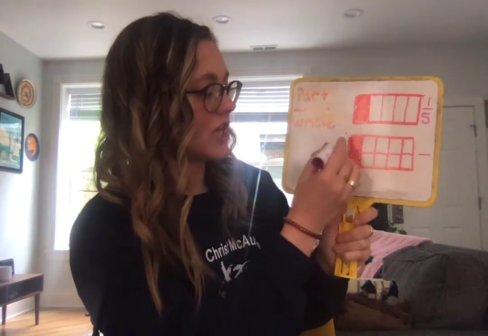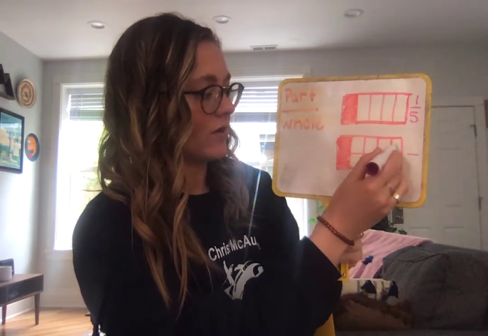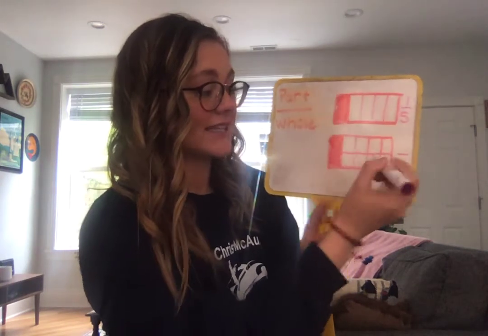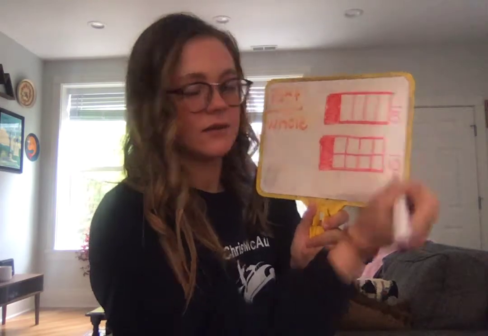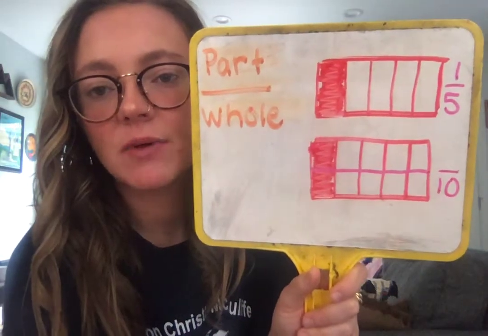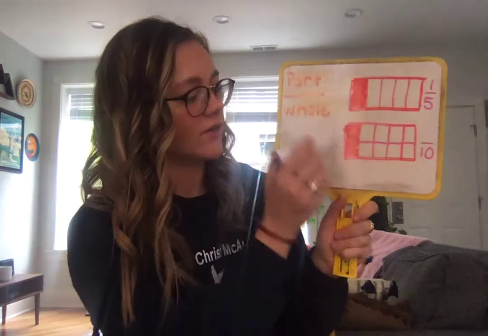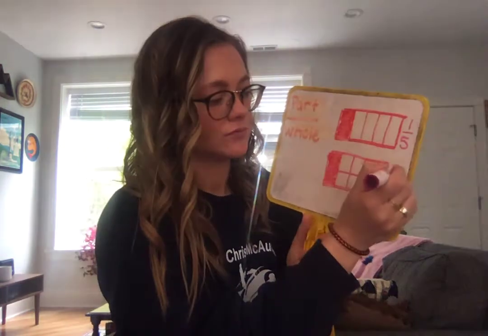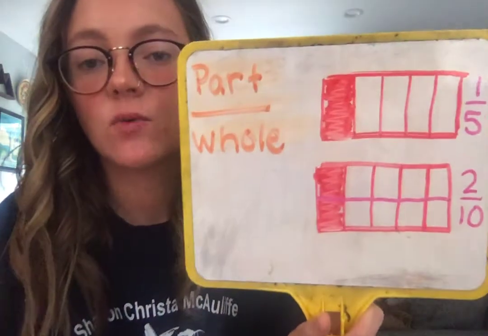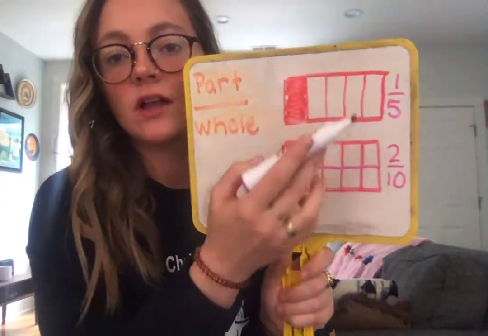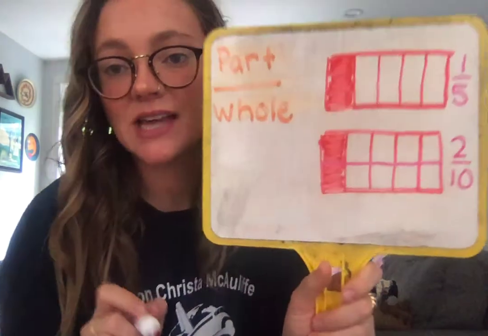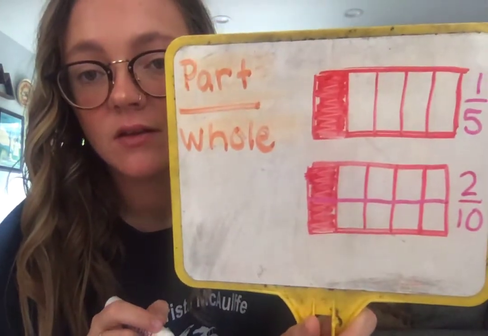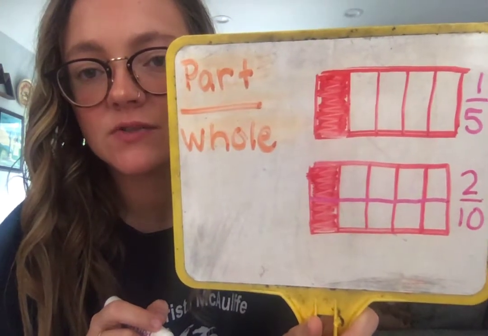So my whole shape is made up of 1, 2, 3, 4, 5, 6, 7, 8, 9, 10. The whole shape has 10 sections, and what part of it is filled in? 2. So what that means is 1/5 is equal to 2/10.